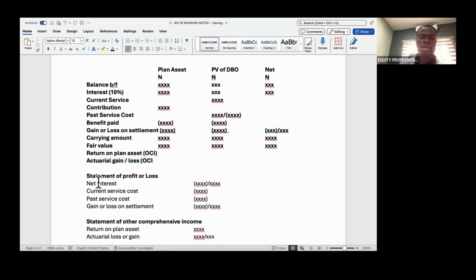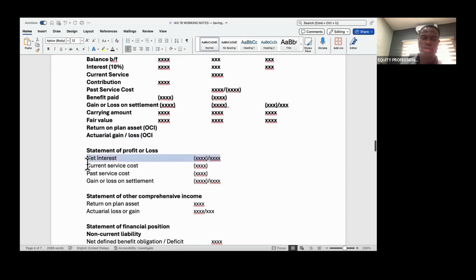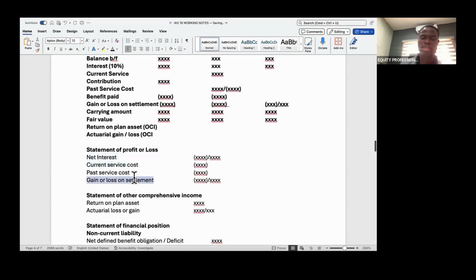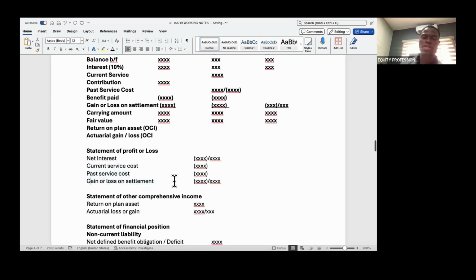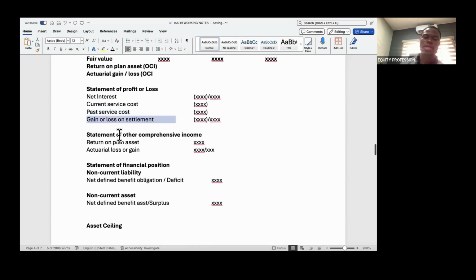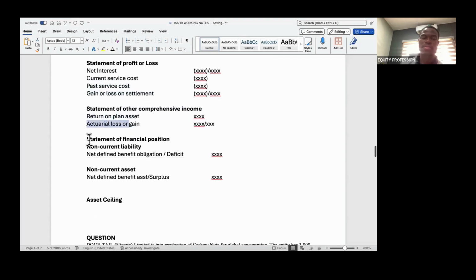In your P&L, what goes there are your net interest, current service cost, past service cost, and gain or loss on settlements. In OCI, return on plan assets and actuarial losses or gains.